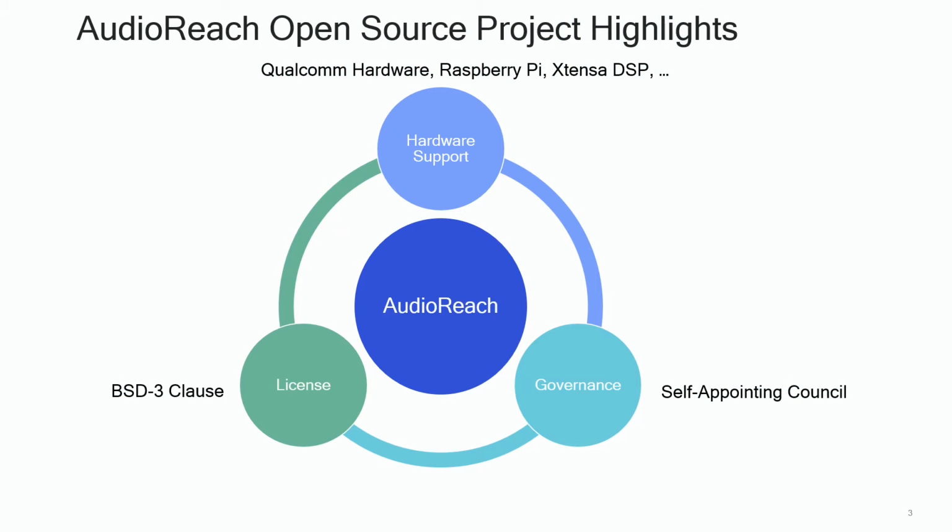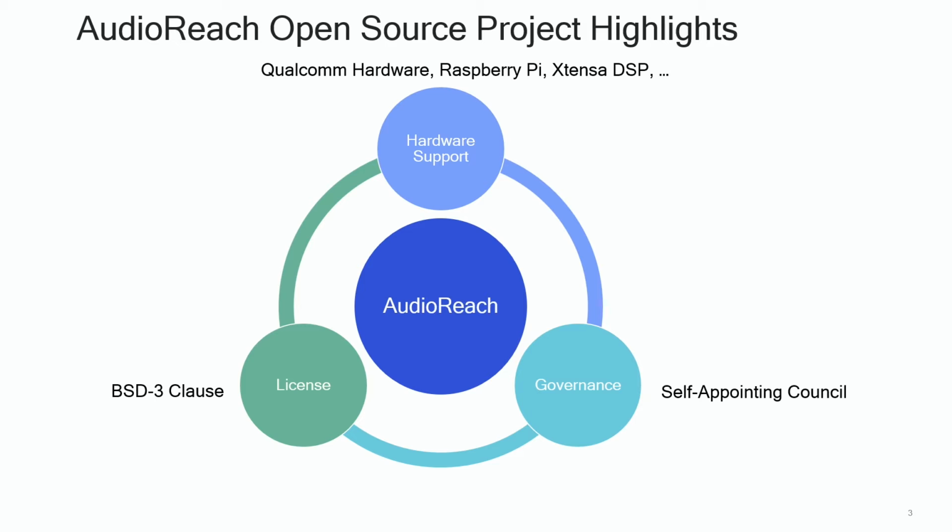Regarding this open source project, I'd like to highlight 3 messages to the community. Starting from the top, in terms of hardware support, we don't want this project to just support Qualcomm hardware itself. As a matter of fact, we want to reach out to a wider community through enabling AudioReach on Raspberry Pi.